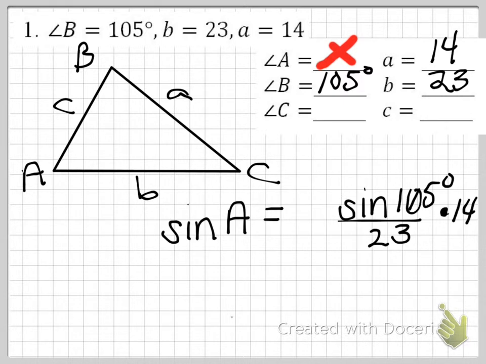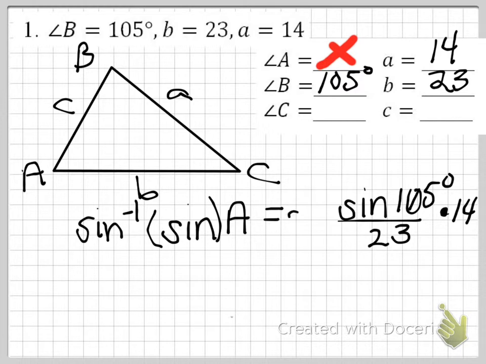So making this just a little neater, I want to get A by itself. It's nice to know what sine of A is, but what I really want is what angle A is. So I'm going to have to get rid of this sine function, and the only way to do that is to take its inverse. So I am going to take the inverse of sine, or arc sine, on the left-hand side.